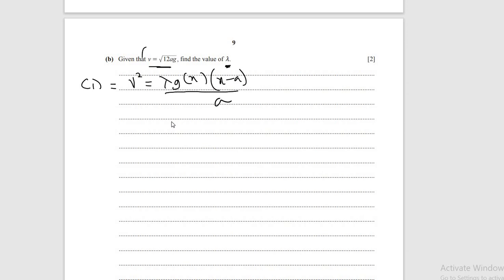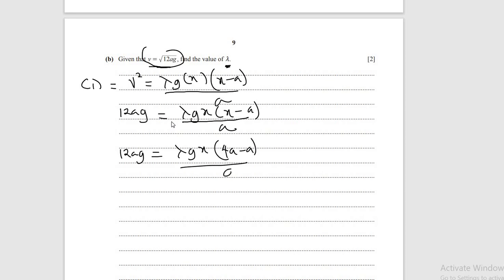Since v squared is 12ag, substitute it there. And what is our x? Our x is 4a, the one we just obtained.